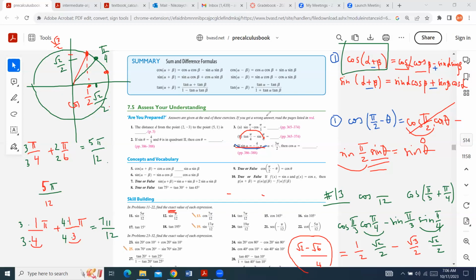Well, anyways, this will be an analogous exercise done for problem 11, but you're going to use formula number 2, because now they want the sine. That's the specific of this section.